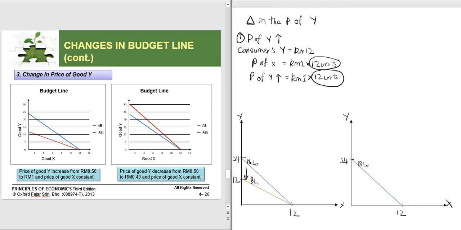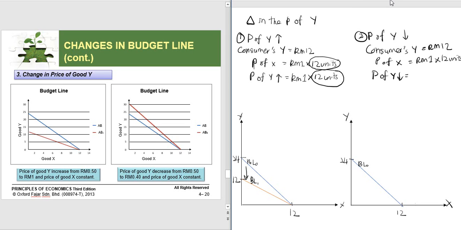And now what happens if the price of Y decreases? Assuming that the consumer's income is the same, RM12, and the price of X is also the same, RM1, so the consumer can buy 12 units of X. Now the price of Y is reducing. Let's say before this it is 50 cent. Now the price is reducing to 40 cent.